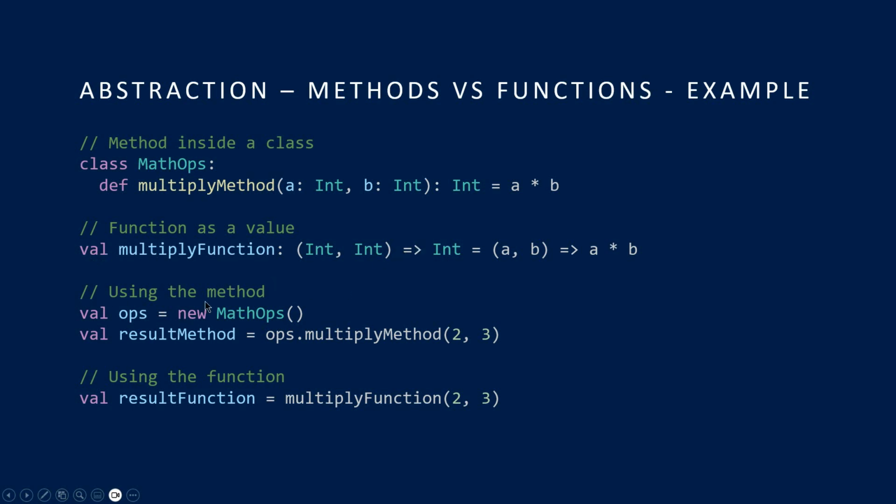If we wanted to use the method one, it looks like this, because we've got a class called MathsOps, so we have to create our instance, and then we can take that instance and invoke, apply, however you want to think of it, the method on it. That gives our result. With the function, it's just a question of doing this. But you can see in the two examples the differences between the two here. And of course the fact we've got this inside of a class as well.